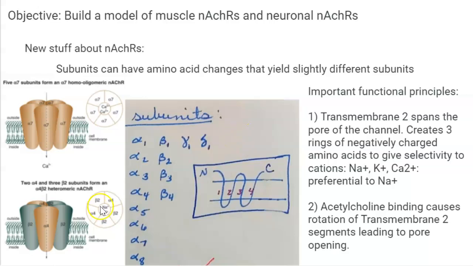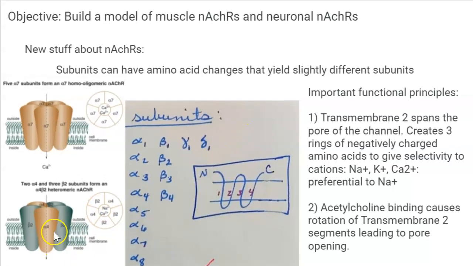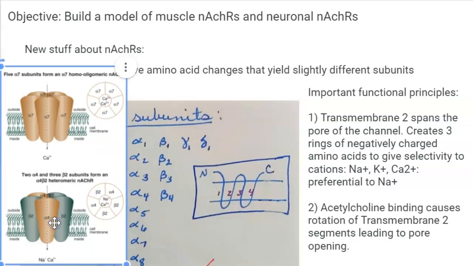And then one that has a mix of alpha 4 and beta 2s is going to allow sodium and calcium through. So depending on what subunit composition, it can change which ions are actually moving through the channel.